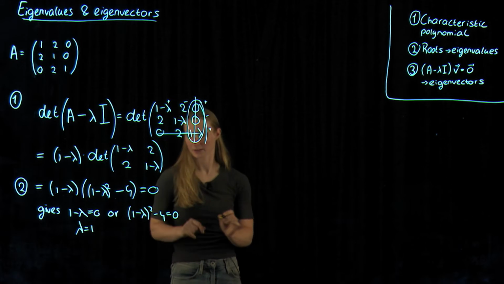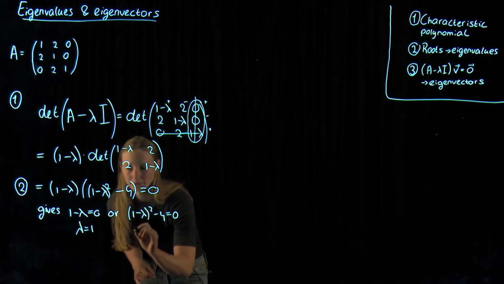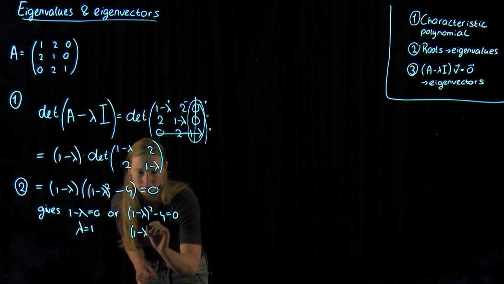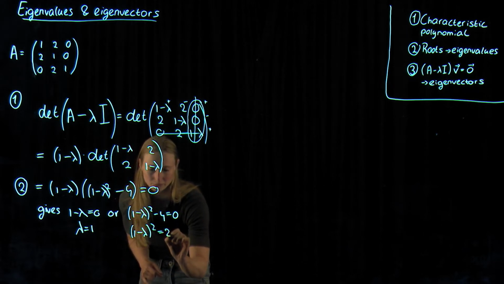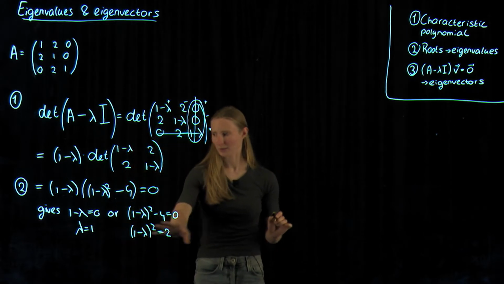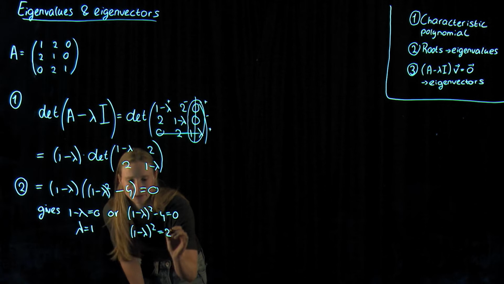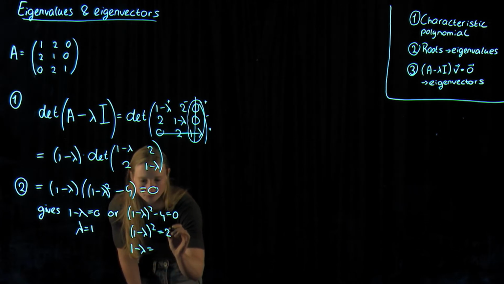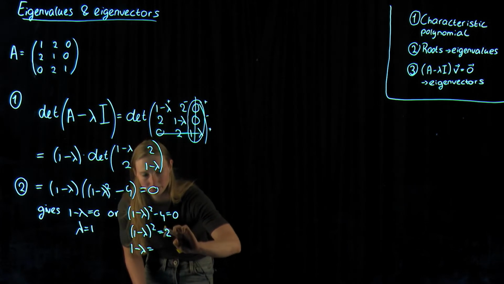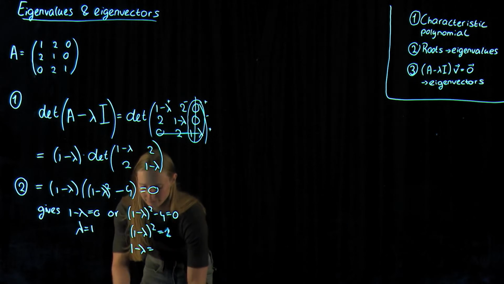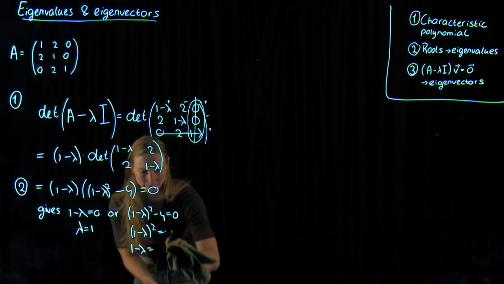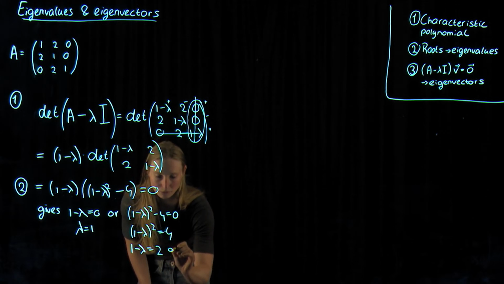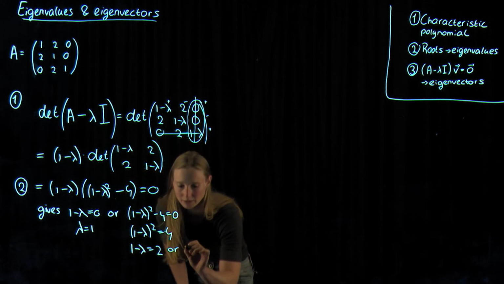And then the second one, if we get the 4 to the right, we get 1 minus lambda squared equals 4. Sorry, I said 2 before, this should be a 4. And this again splits into 2 branches, so we get 1 minus lambda is equal to 2, or it can also be minus 2.